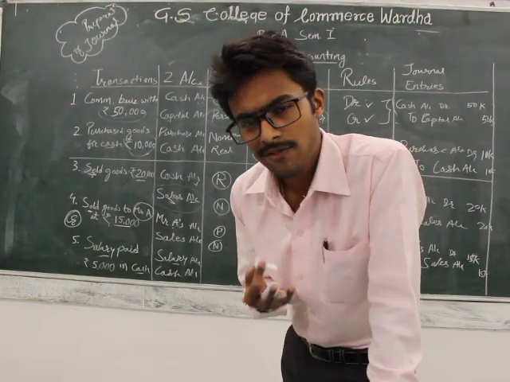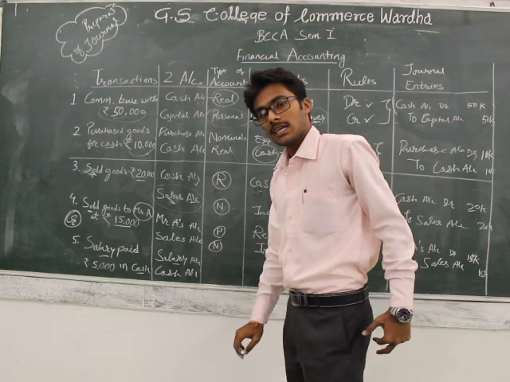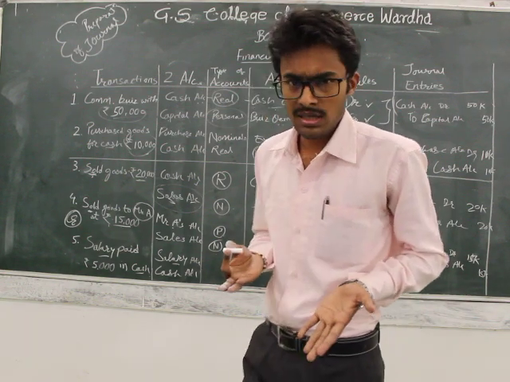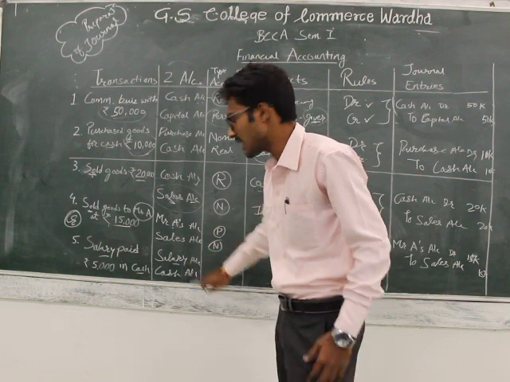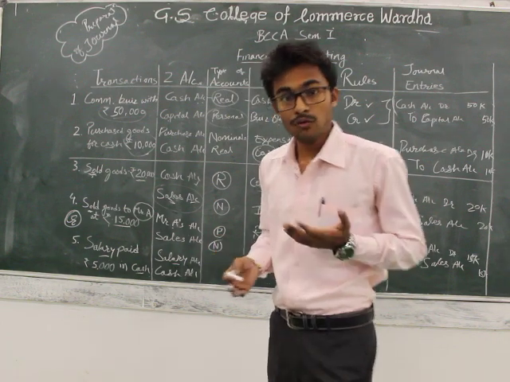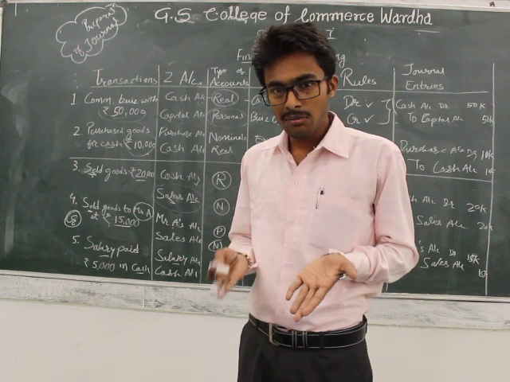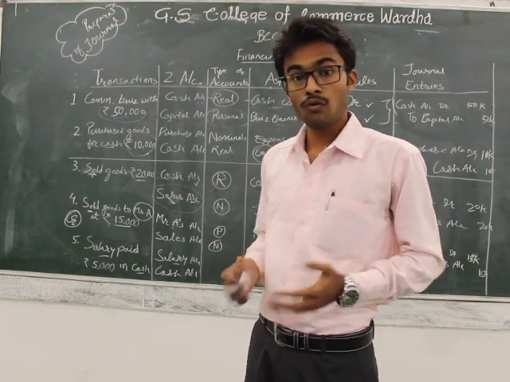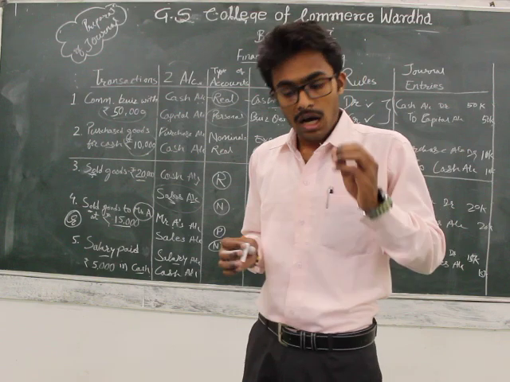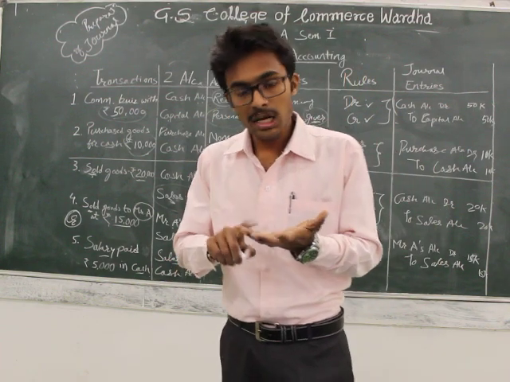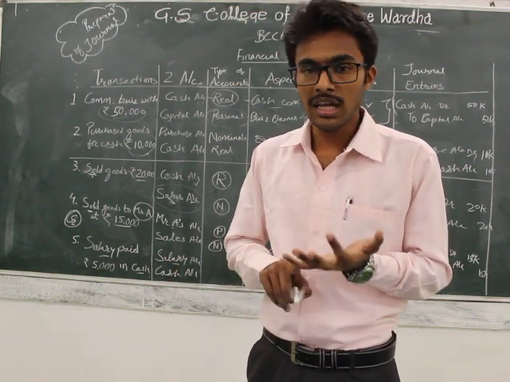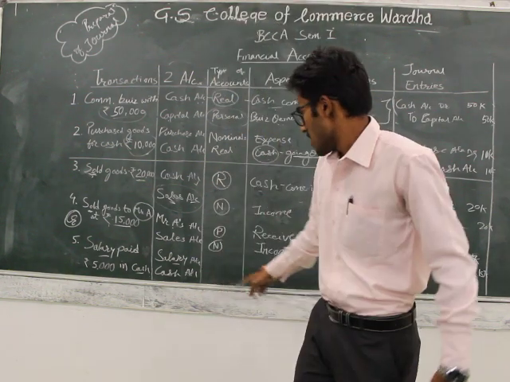No, this is not an asset for me. Is salary a personal account? No. Why? Because salary is not a person. Hence, we cannot put this in personal account, and the only remaining account will be nominal account. What does nominal account say? Nominal account includes income and gains, and expenses and losses.